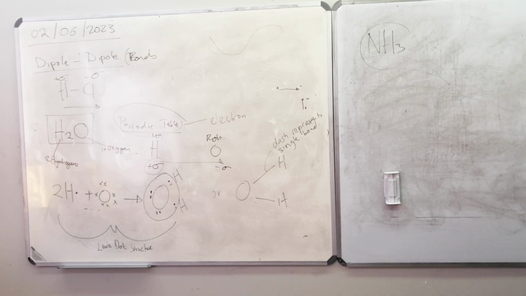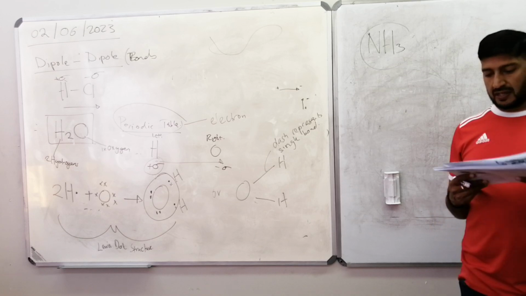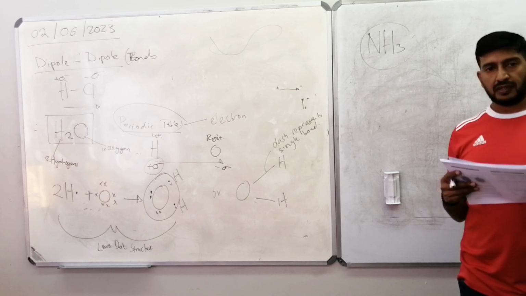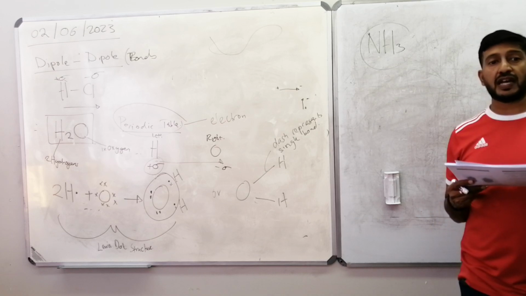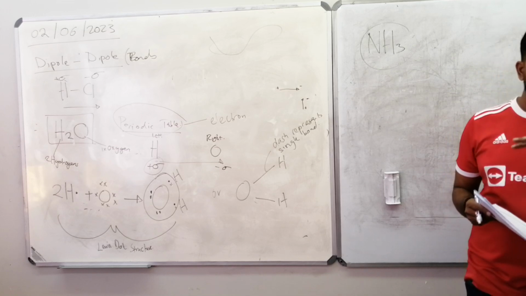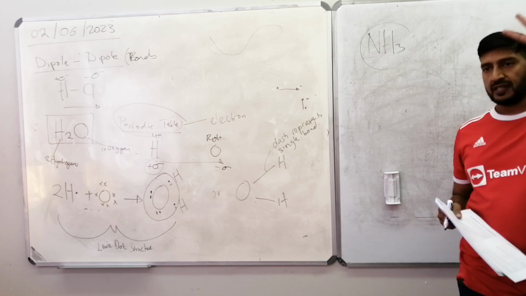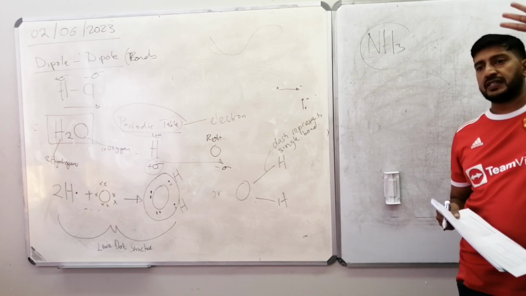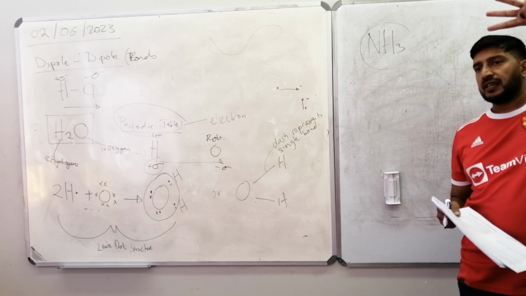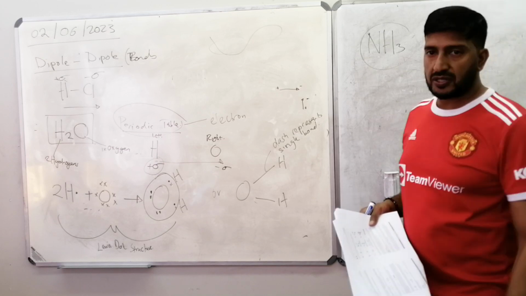Let's look. Group 5. So how many electrons around the nitrogen? It will be 5. So it's 8 minus group 5, that would be the number of valence electrons for bonding. So the total number of electrons is 5, but the number of electrons for bonding is 3. So you know that nitrogen has 3 valence electrons. Valence electrons means that it can create 3 bonds.